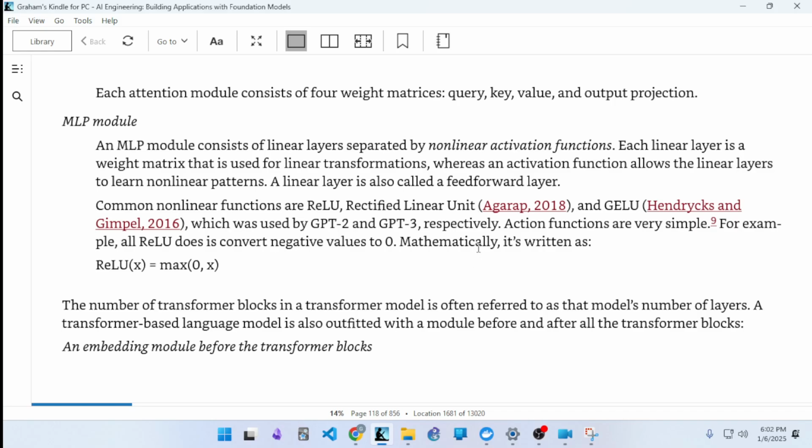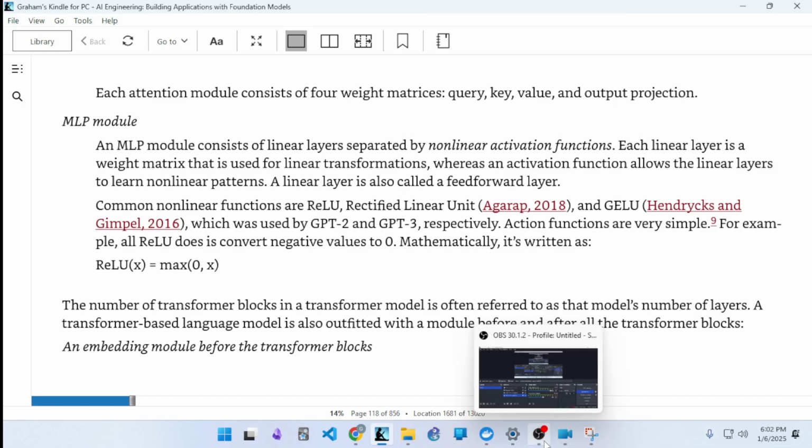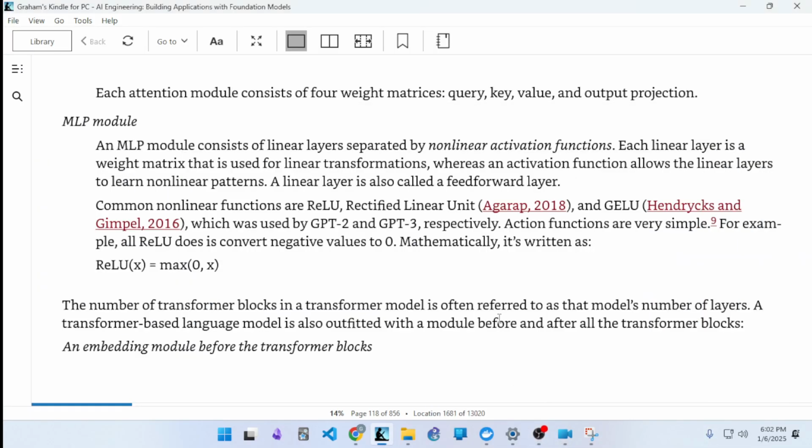MLP module. An MLP module consists of linear layers separated by nonlinear activation functions. Each linear layer is a weight matrix that is used for linear transformations, whereas an activation function allows the linear layers to learn nonlinear patterns.